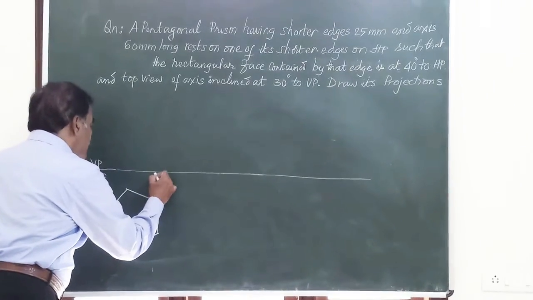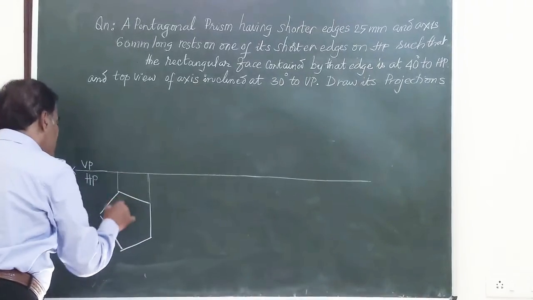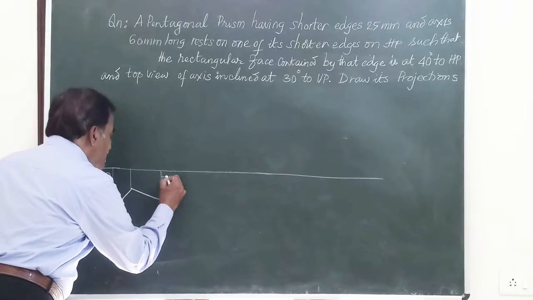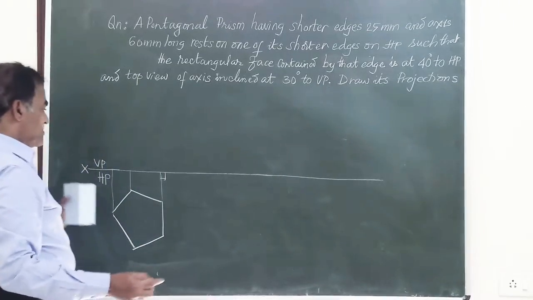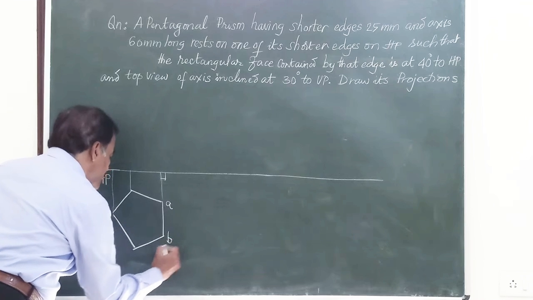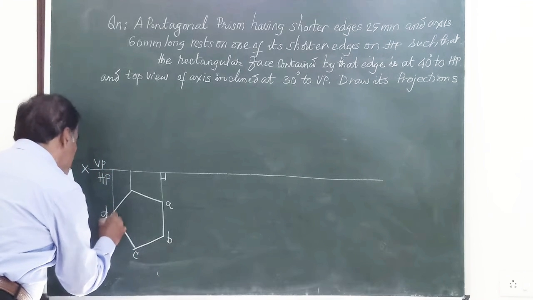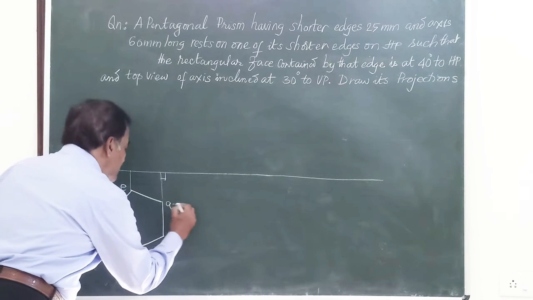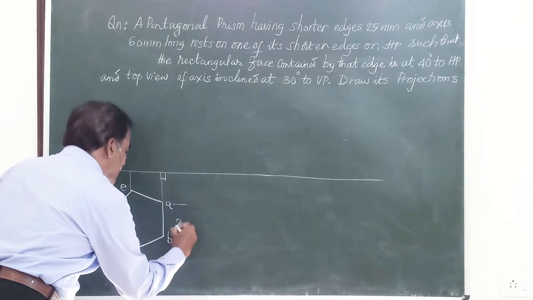So this is the pentagon as seen in the top. I know how to construct it, as I have already told you while teaching the projections of lamina. I will mark this as A, B, C, D, E, and each of these sides measures 25 mm. That is specified in the problem.